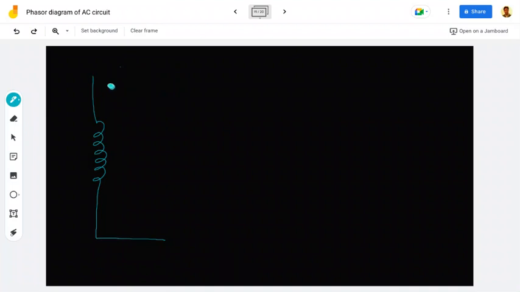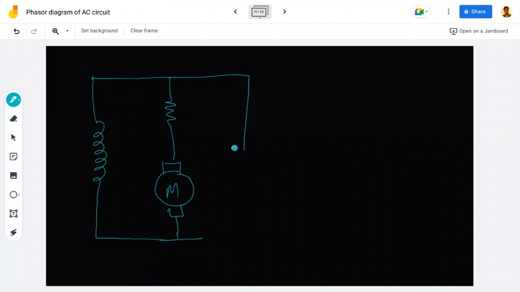So this is the armature resistance and this is the motor. Because it is a motor, it will have electrical input, 200 volt.